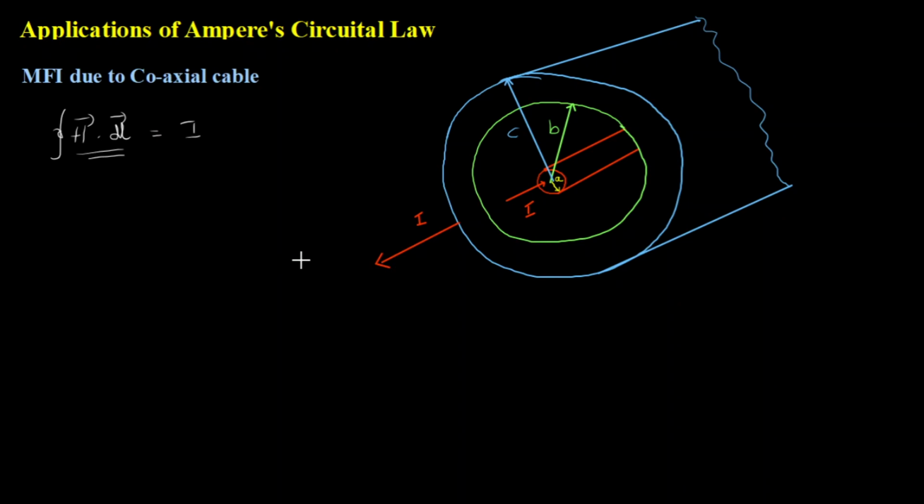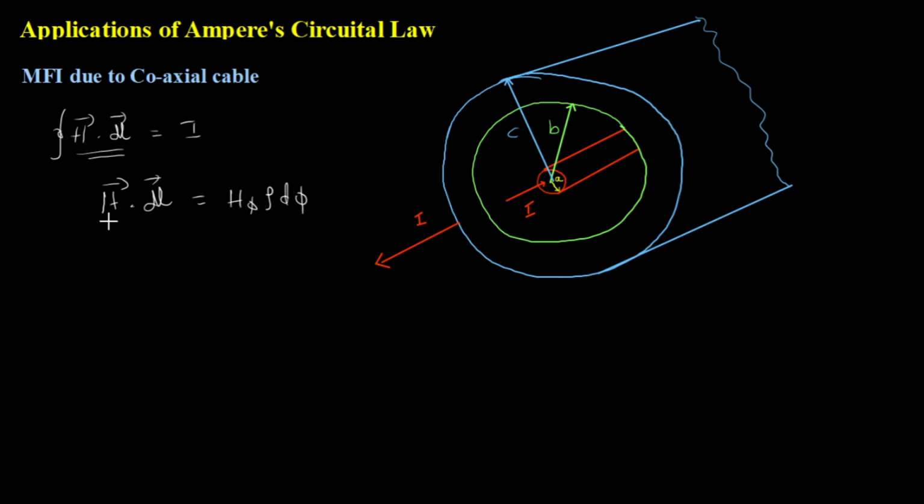So I will have only the H phi, a phi component, and the dl vector will be rho d phi a phi, considering the cylindrical coordinate system. So keeping all that in mind, I know that my H dot dl will evaluate to H phi rho d phi.